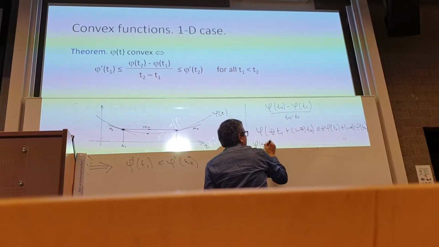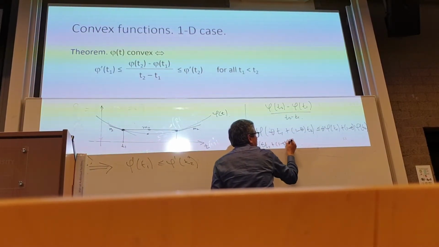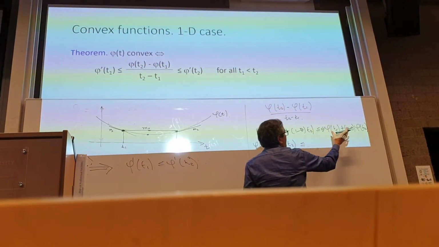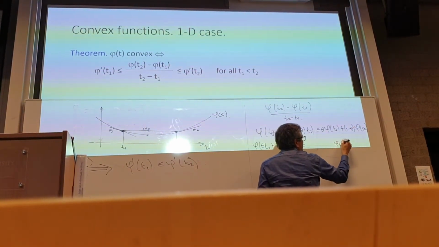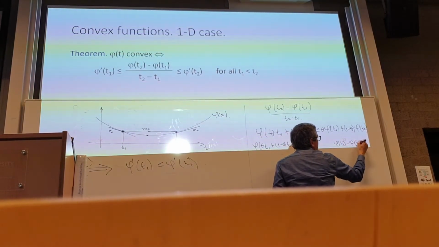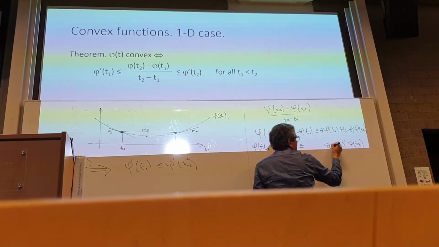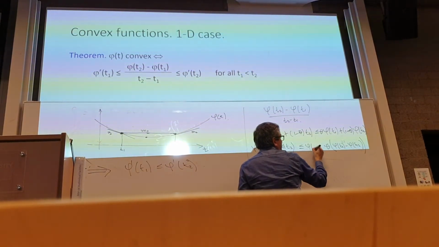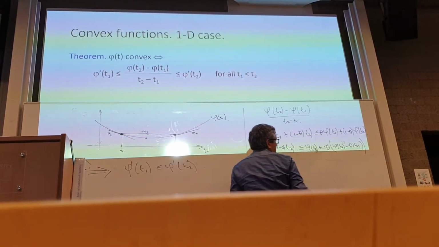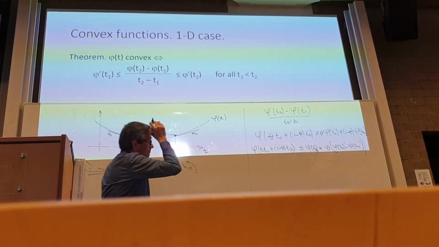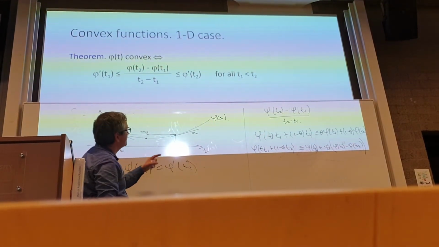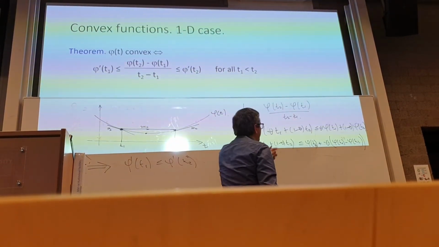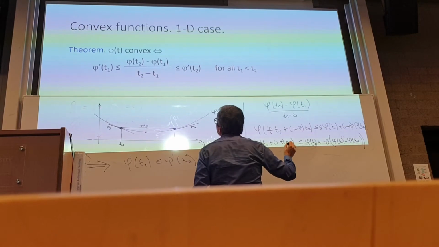So phi of theta T1 plus 1 minus theta T2 is less or equal than, and then we're going to get this term here, phi of T1 minus phi of T2, theta, and then we get phi of T2 plus this, okay? So at least now we have the denominator here, you see, phi of T1 minus phi of T2. So we have it with the other sign, but that's not a problem.